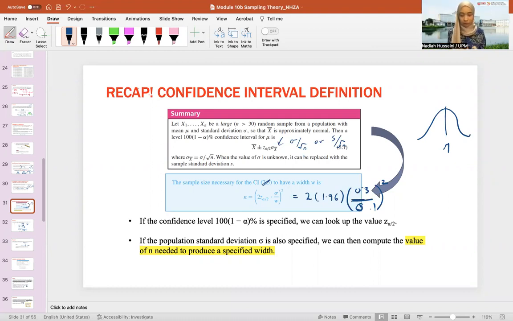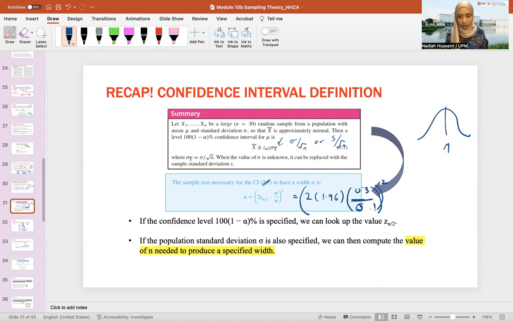So 0.3 divided by 0.1. Oh, it's this whole thing that is squared. Times 1.96 times 0.3 divided by 0.1. Hopefully my math is correct.